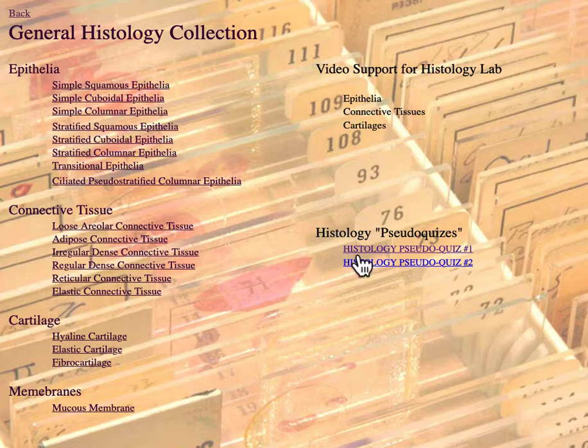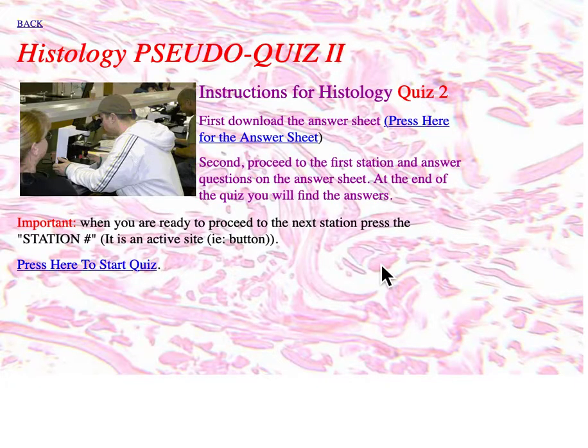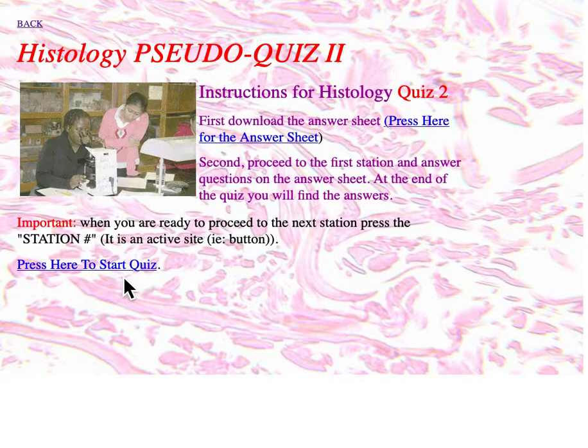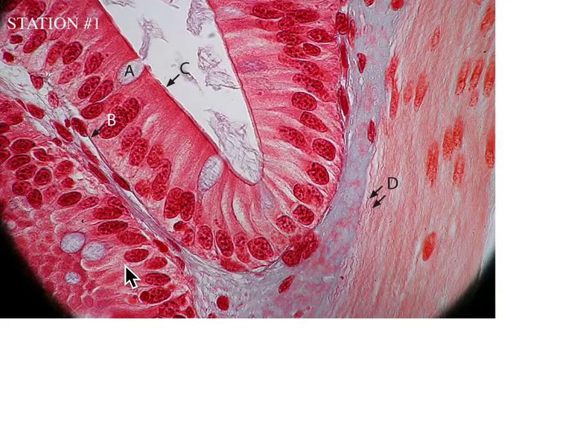At that point, you'll have a sense of how to go about the material, so just go through the pictures again: name, function, location. And then you go through it again, and then, I've got it, I know it, I'm set. At this point, if you want, you can do a pseudo quiz 2, okay? It's just the same sort of thing. You'll get different images, and so on and so forth. Alrighty, and stations, so that's what your lab practical will look like.